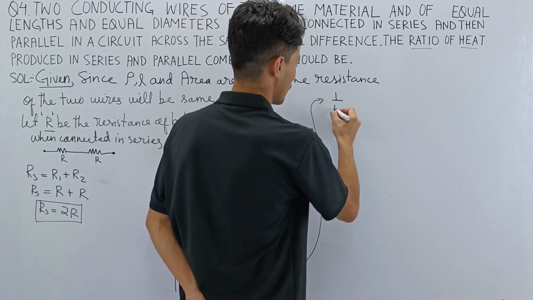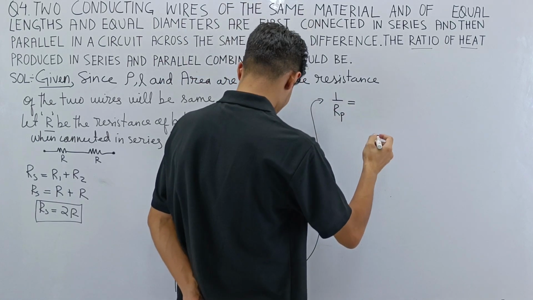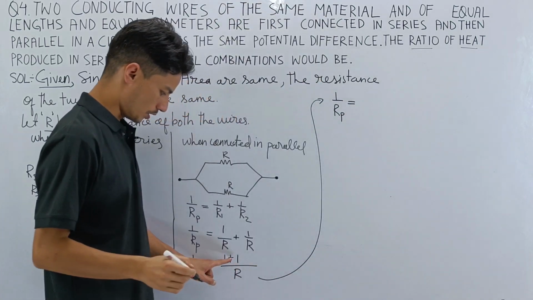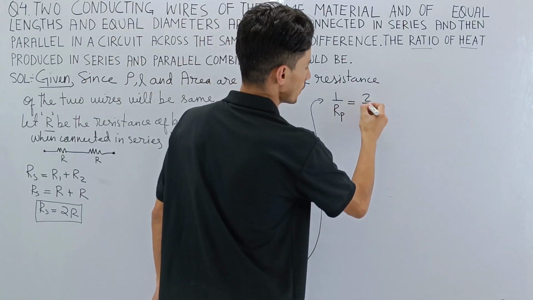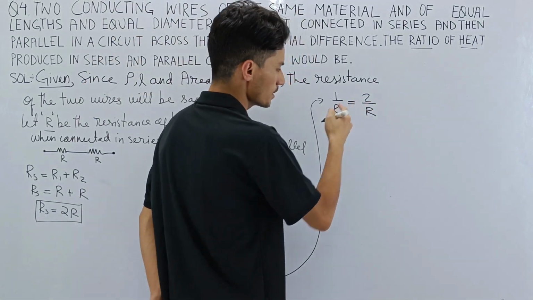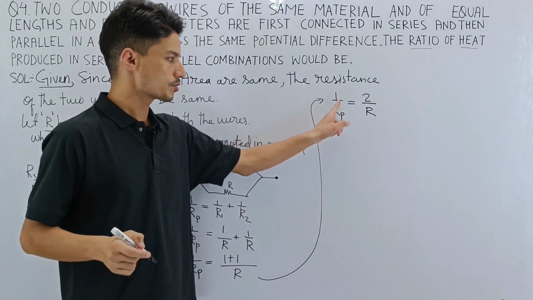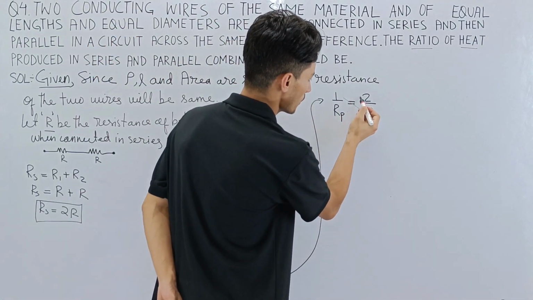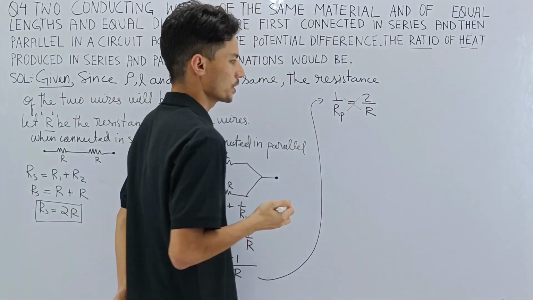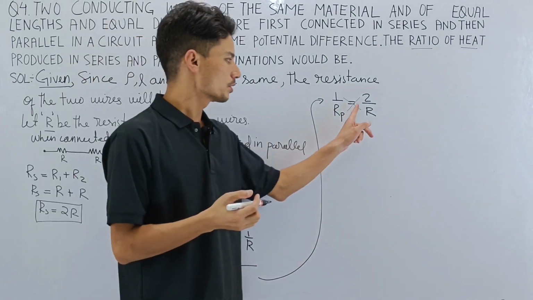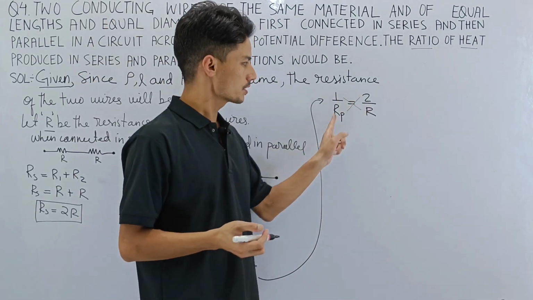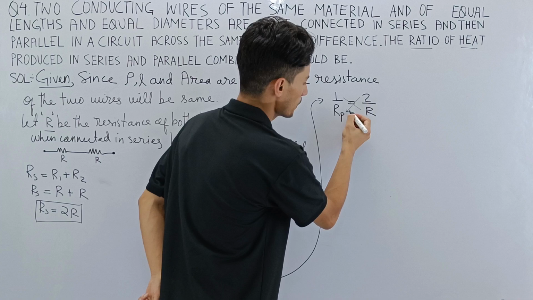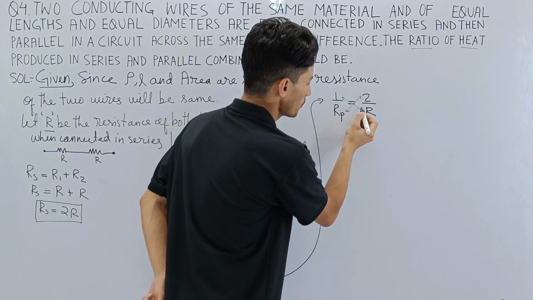So 1 by Rp is equal to 1 plus 1 over R. 1 plus 1 will give you 2, and you have got R. This is where cross multiplication will take place. So now you will do cross multiplication. This X you show in pencil, don't show this in pen. I am showing you who multiplies with whom, just to tell you the direction.